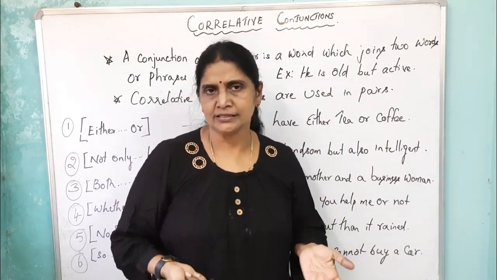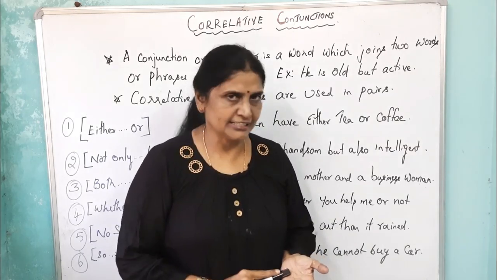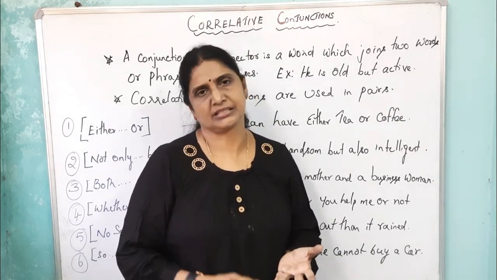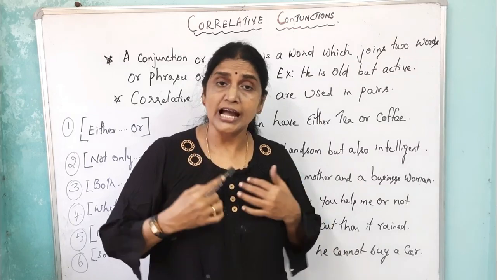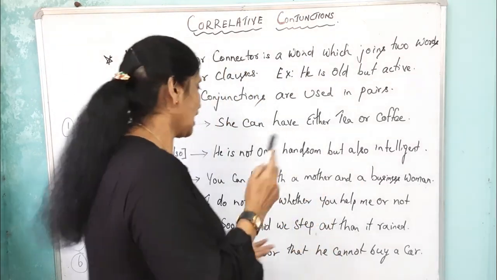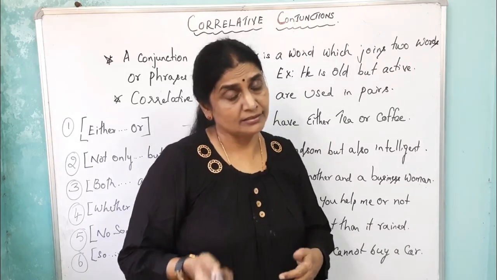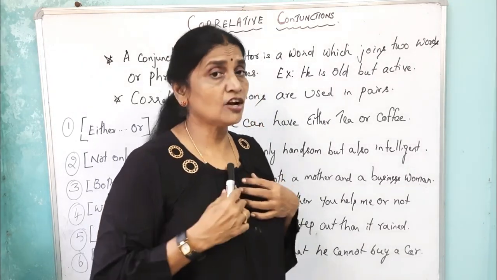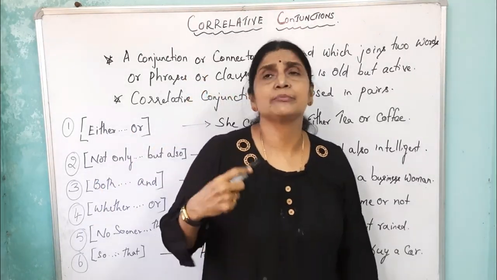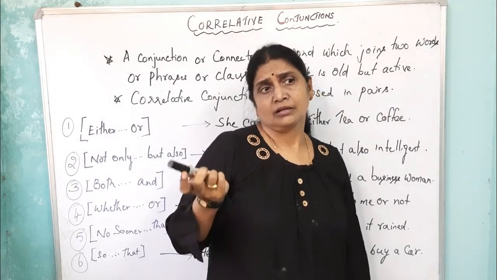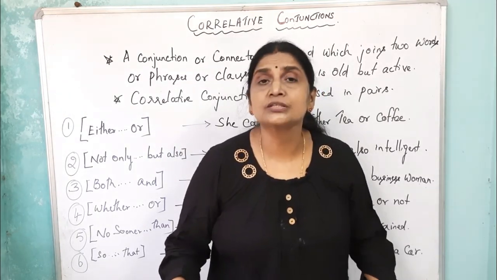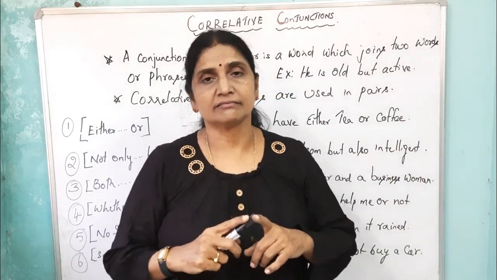Suppose you take food items, cake, biscuits. I not only like cakes but also biscuits. Correct. I cannot say I not only like biscuits but also books. If you say like that, they are not correlated.